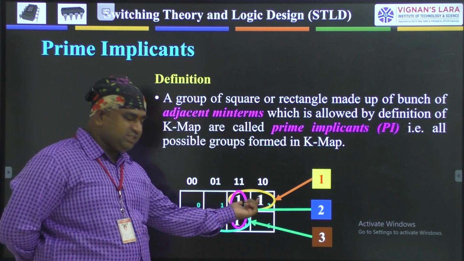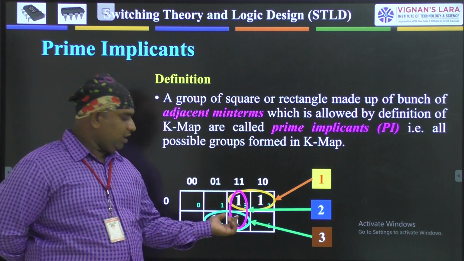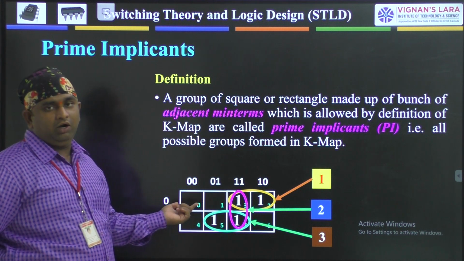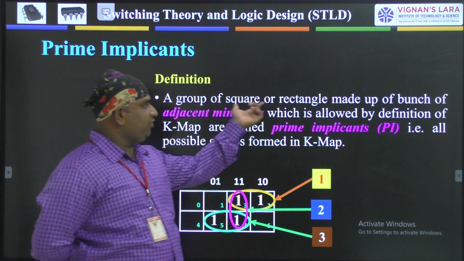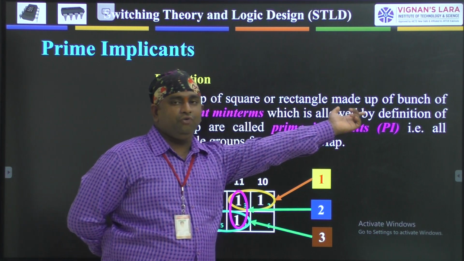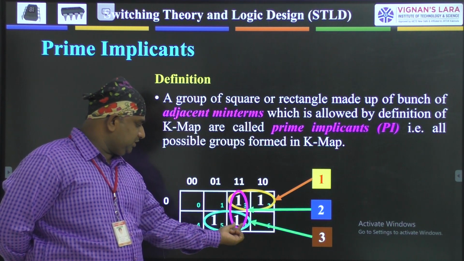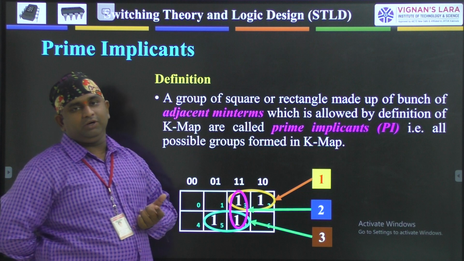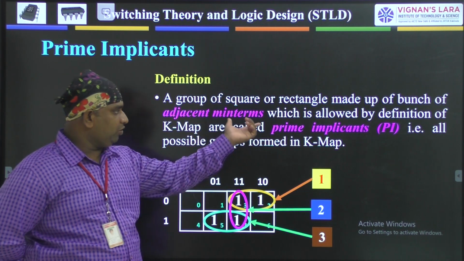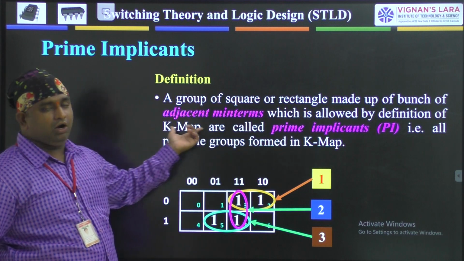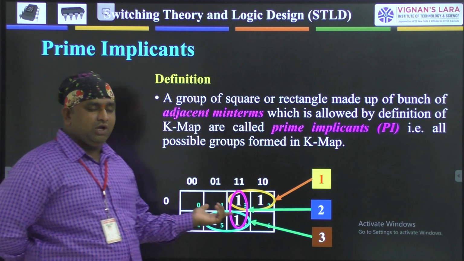Adjacent squares we have formed as a group, and all the possible groups are called prime implicants. This is very important, you have to remember. A group of square or rectangular shape made up of a bunch of adjacent minterms: this is a minterm, this is a minterm, this is a minterm. Adjacent minterms are generally formed as a group, and if it is allowed, it is called a prime implicant.